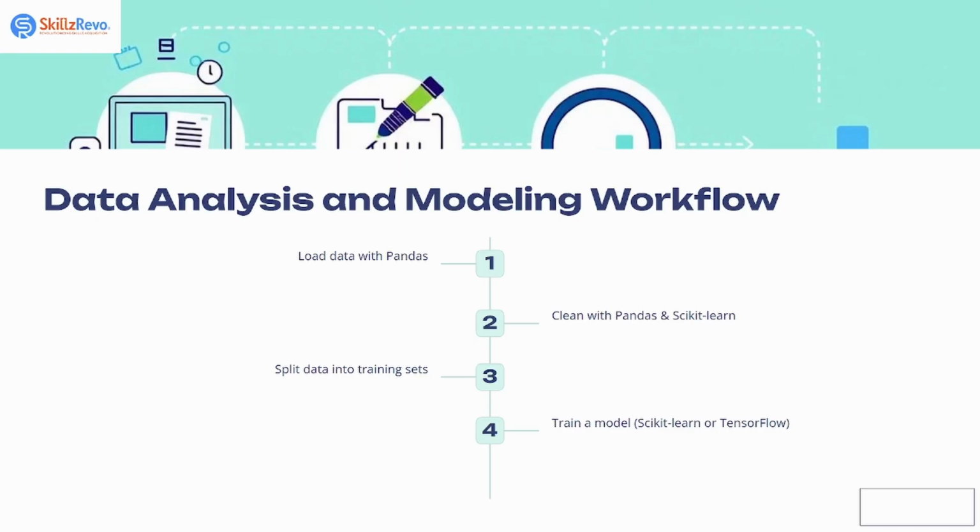We can train our model with the help of deep learning or with Scikit-learn. TensorFlow is basically used for training deep learning models. And Scikit-learn provides us the generic machine learning models, like logistic regression and Naive Bayes, and multiple other models are present.